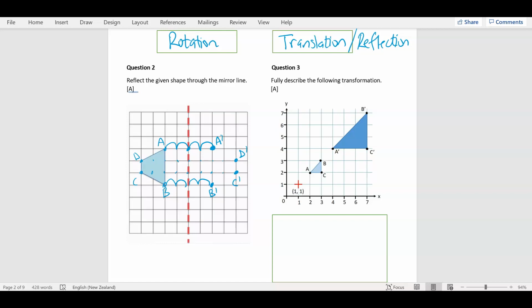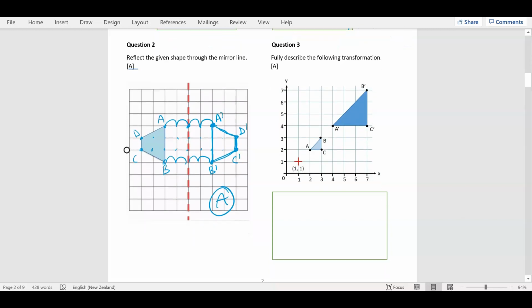Now that we've got all the points, we're then just going to connect all the points. So we're going to go down to B, diagonally up to C, up to D, and then diagonally up to A. Your diagram, like mine, it's not perfect, doesn't need to be perfect. As long as the points are in the right places and there's some kind of attempt to connect them, you would have got your achieved mark there. So that question was largely well done. It was a fairly straightforward question.